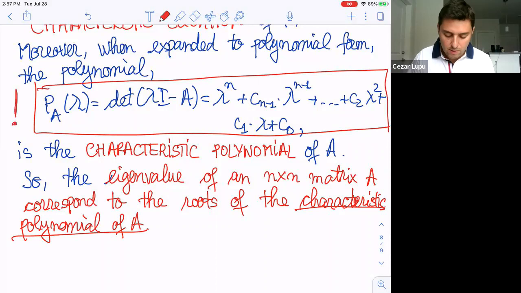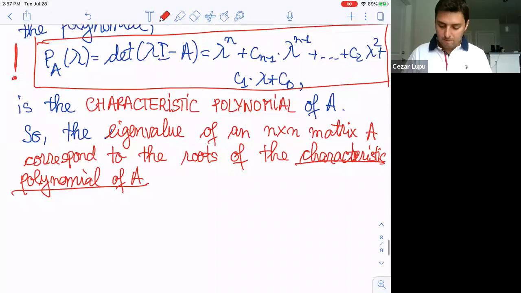Eigenvalues can be found when we set P_A of lambda equal to 0. So for example, if you have a polynomial of degree 3, you might have at most 3 roots for this guy, right?